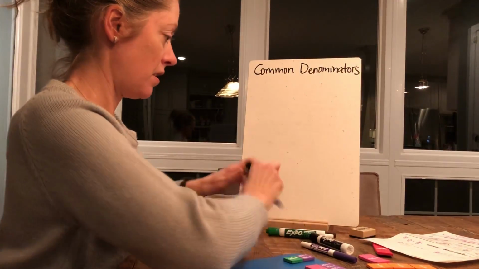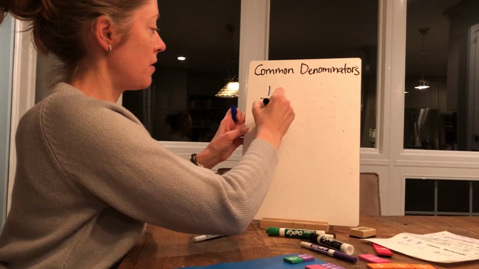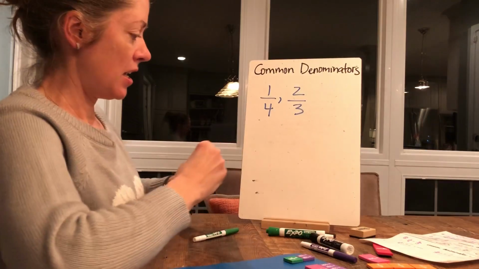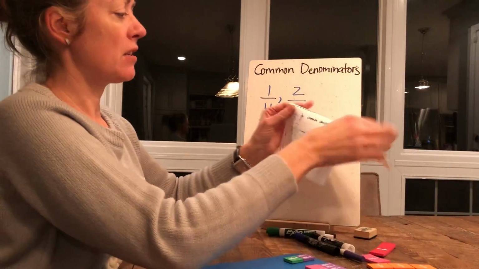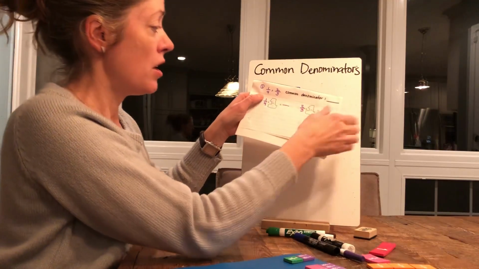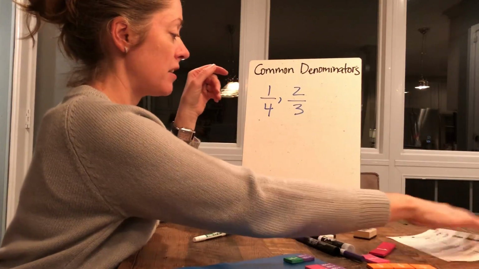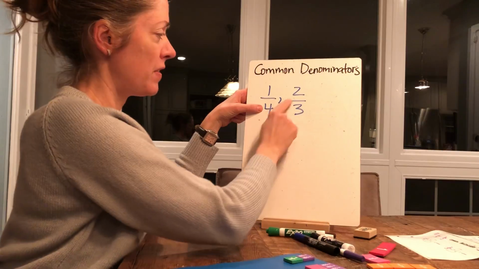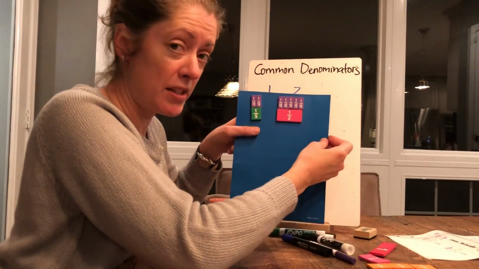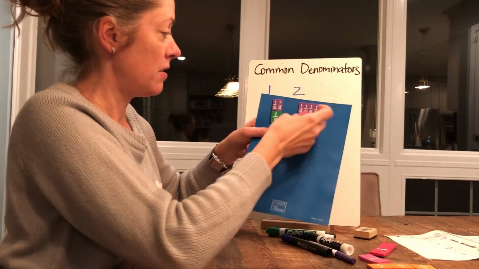Okay, let's do 1/4 and 2/3. And it says here the first thing we need to do, right, is find a common denominator. So I want you to think 1/4 and 2/3. If you need to use the fraction bars, go ahead and stop the video and do that.